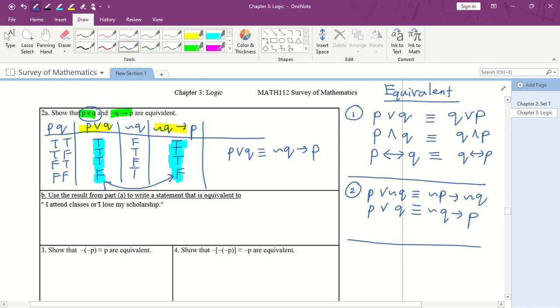Then let's continue here. Use the result from part A to write a statement that is equivalent to: I attend classes or I lose my scholarship. So how are you going to solve this question? Of course, we look back to 2A and try to write the equivalent statement. Let's decide: P is I attend classes, Q is I lose my scholarship.